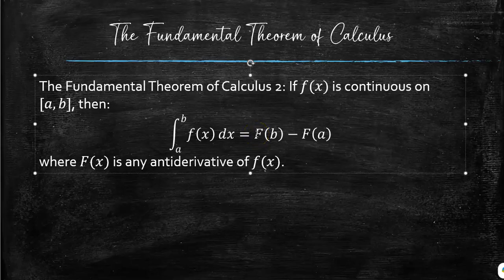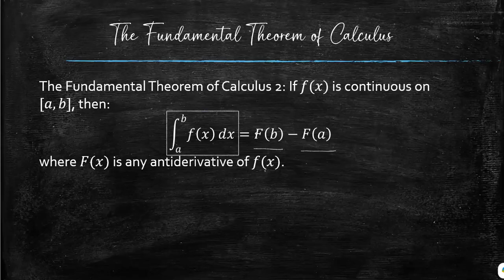What it tells us is that the net area between the graph of the function and the x-axis on the interval from a to b can be found by evaluating any antiderivative at the right endpoint of the interval, and subtracting the value of that same antiderivative at the left endpoint of that interval, which is pretty weird if you think about it.